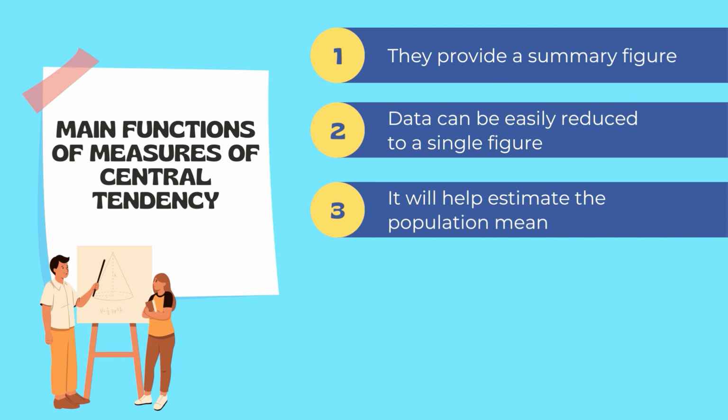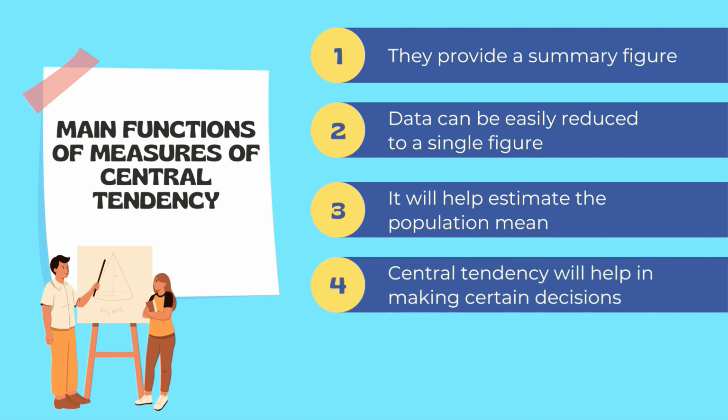So we select a certain number of samples, and on the basis of that sample we make inferences about the population. So the measurement of central tendency with the help of a sample could also help you estimate the mean of the population. This is another feature of central tendency.